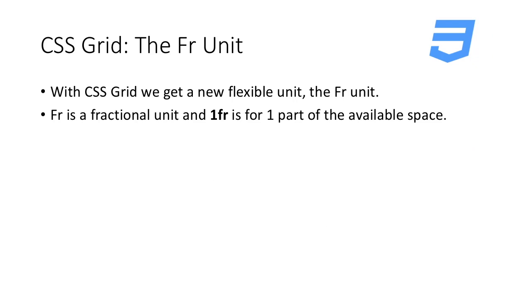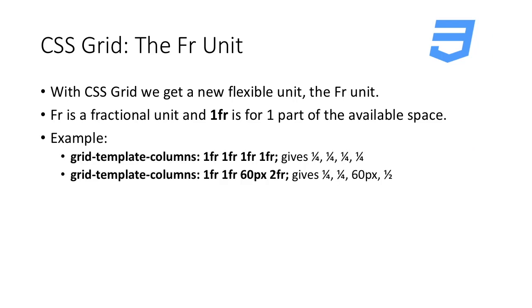If you had 3 items in a 3-column grid, and you say 1 FR for each item, it's going to set each one of those to a width of 33%. Or if you had 2 items in a 2-column grid layout, with 1 FR, it'll set the width to 50%. So it'll be equal width.